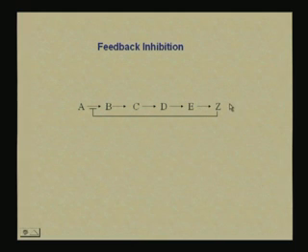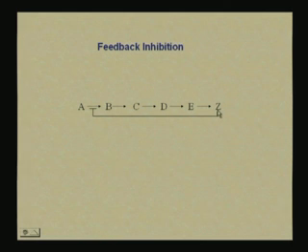So essentially, if you look at it, what is it doing? It is actually blocking its own formation, right? It's blocking a reaction that is forming itself. Now this is extremely important in regulation. Why? You don't want a large amount of Z to be formed in the body.